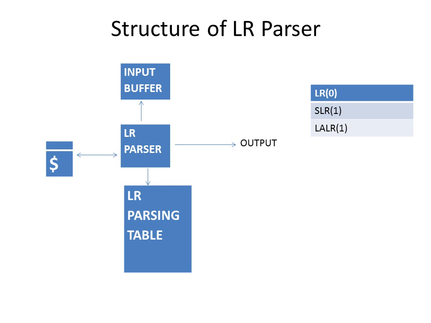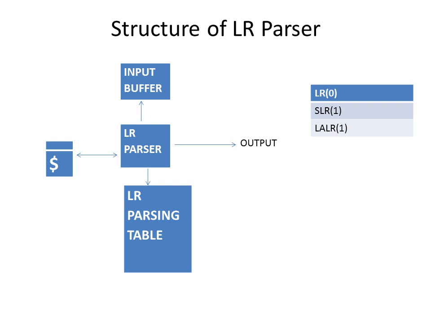In all types of LR parsers, the stack will be there, the input buffer will be there, the LR parser will be there, and the output also will be there. Only the type of parsing table will differ.